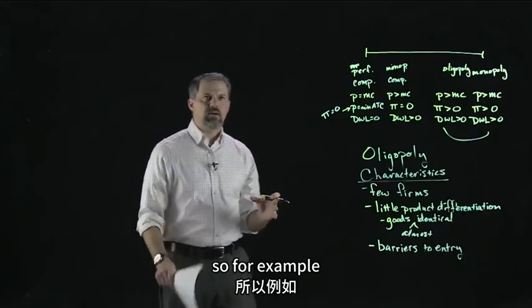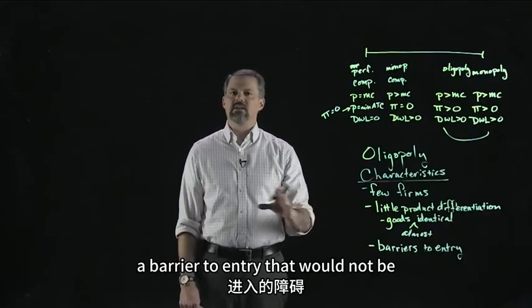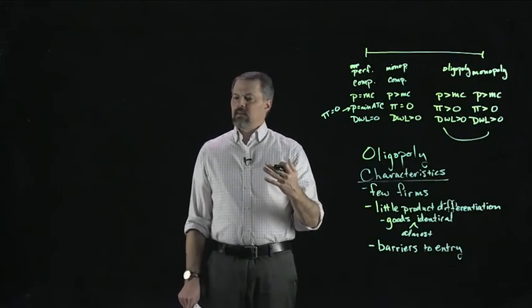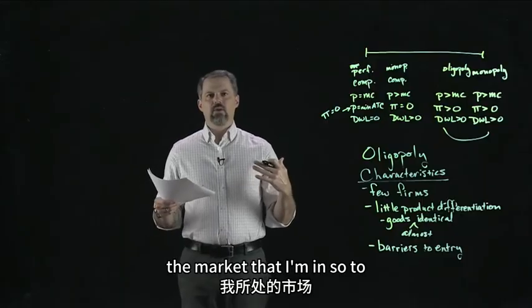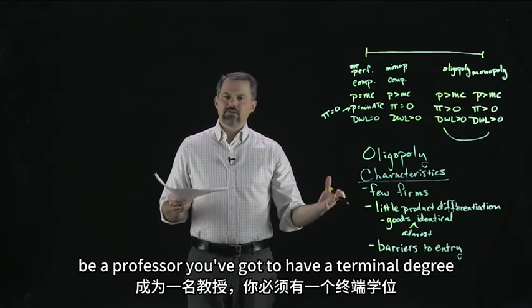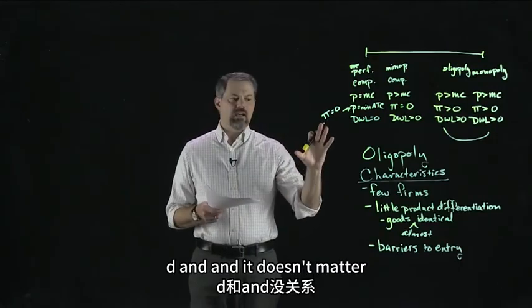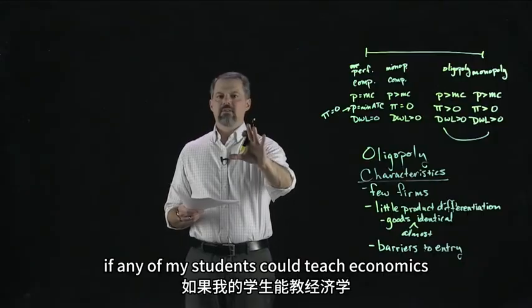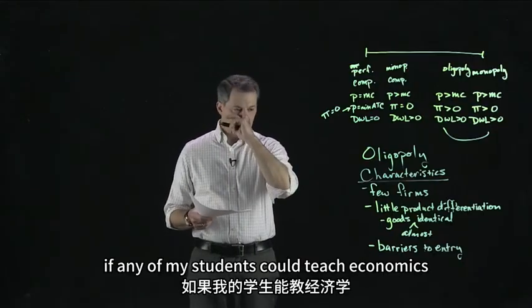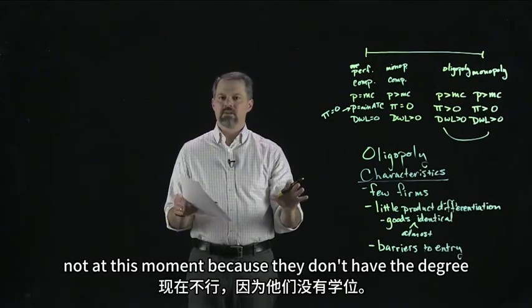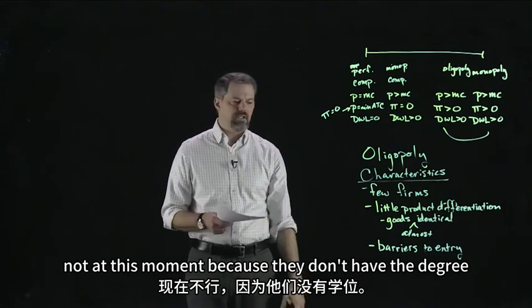For example, a barrier to entry that would not be strict would be in the market that I'm in. To be a professor, you've got to have a terminal degree. You need to have a PhD, and it doesn't matter if any of my students could teach economics better than me. I don't have to compete against them, not at this moment, because they don't have the degree.